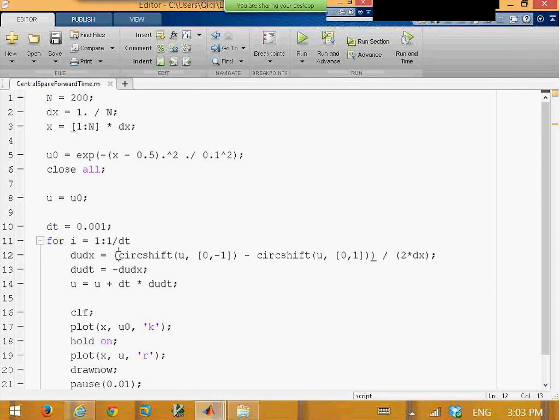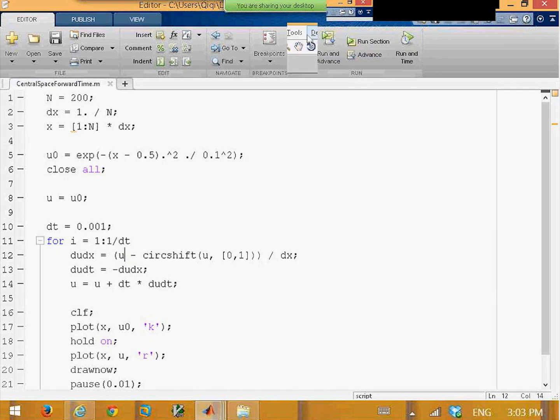So what do we need to change here to make it backward difference? First of all, it just needs to be delta x, not 2 delta x. And instead of u i plus 1 minus u i minus 1, we have u i minus u i minus 1. So we're just putting u i here. This is going to be backward difference.